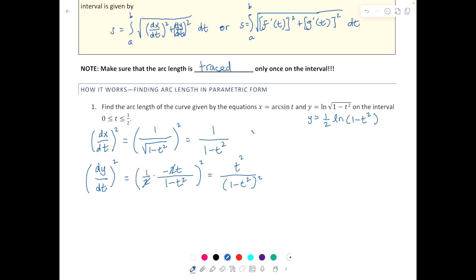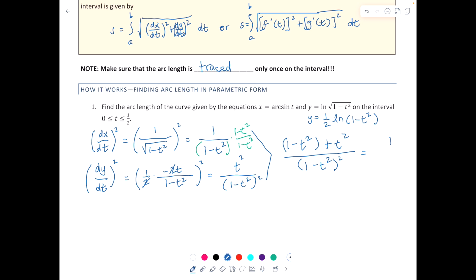So when I add these two together, all right, I need to get a common denominator, so I'll need to multiply this one by 1 minus t squared over 1 minus t squared. And so we'll get 1 minus t squared plus t squared all over 1 minus t squared, the quantity squared, which ends up zeroing out the t squared.